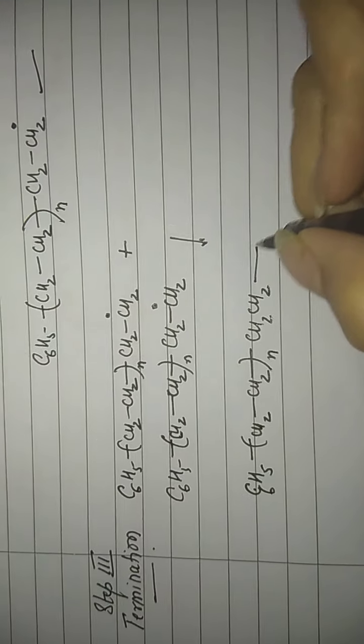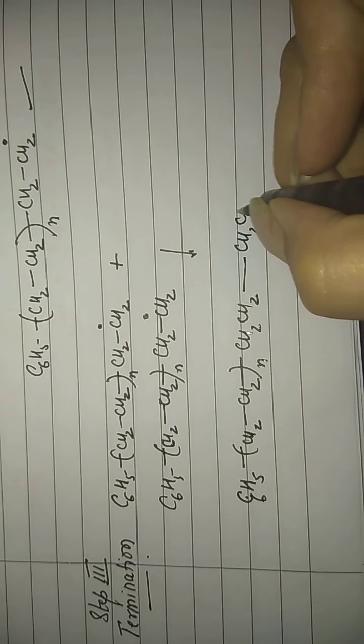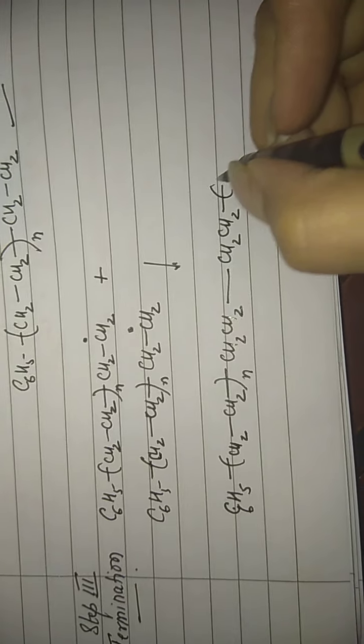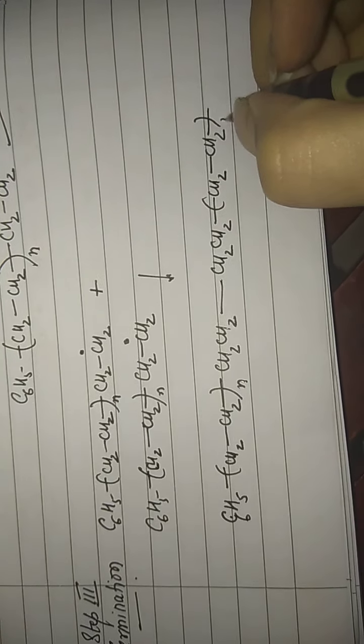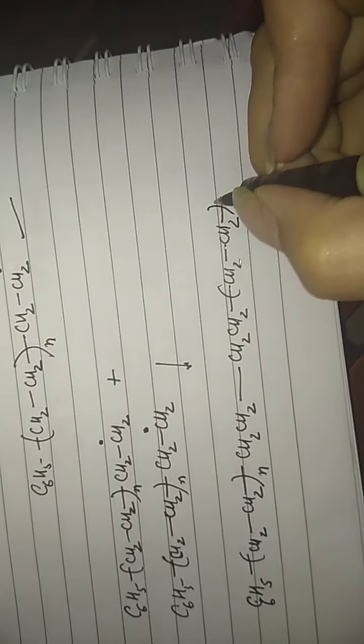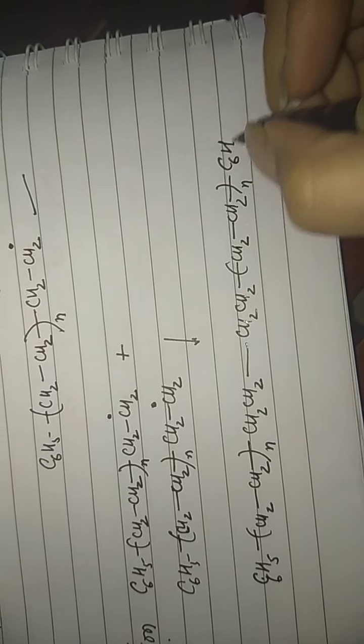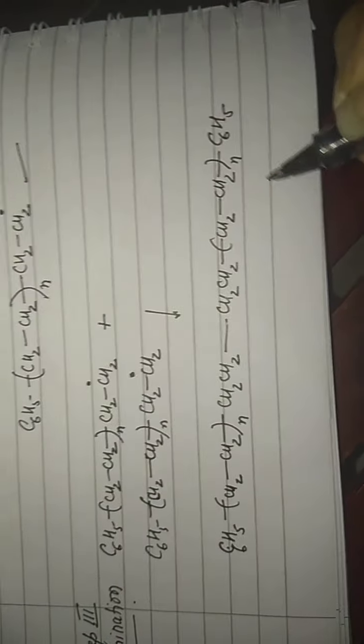Then we start from here, CH2, CH2, CH2, CH2, n, and finally this phenyl substituent. So this is how I have stopped the chain from getting any longer. This is called free radical polymerization of ethene.